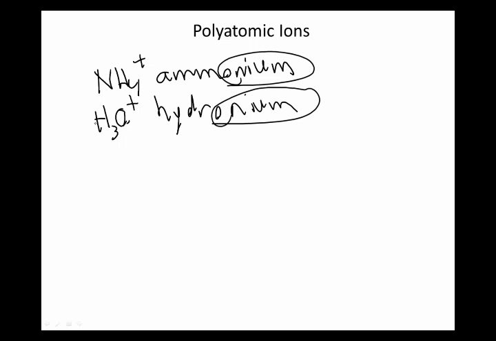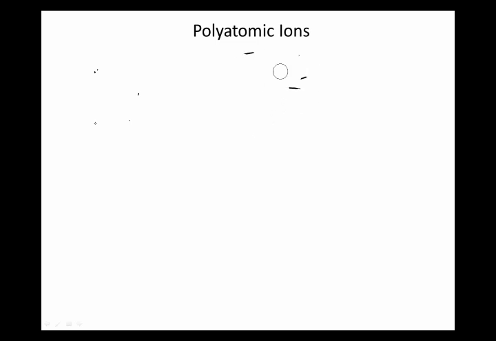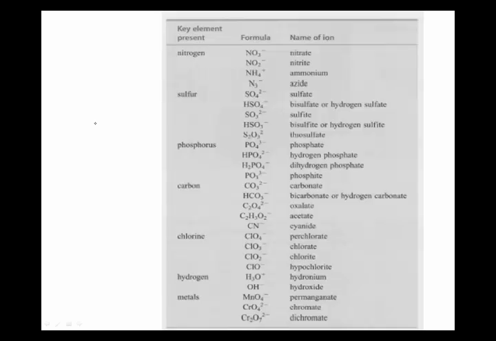Our two polyatomic cations end in onium: ammonium and hydronium. And both of these are positive 1. The rest are all negative, and they can range anywhere from -1 to -3. So they're kind of all over the map.